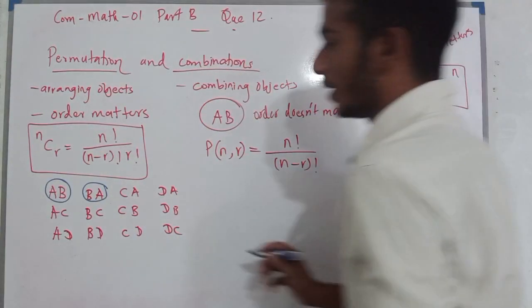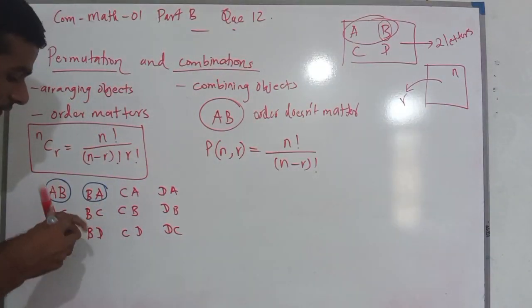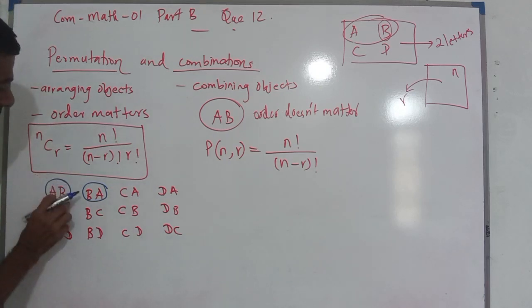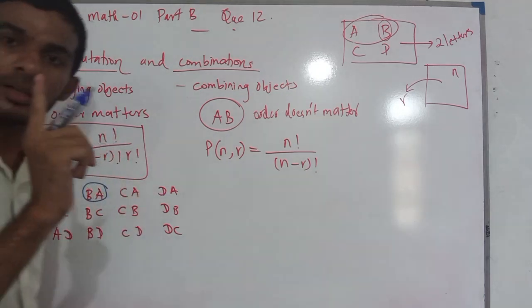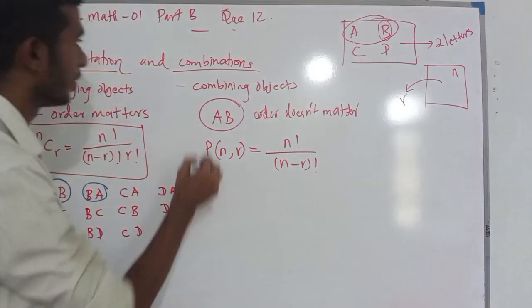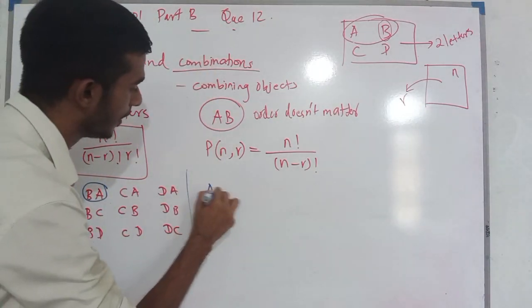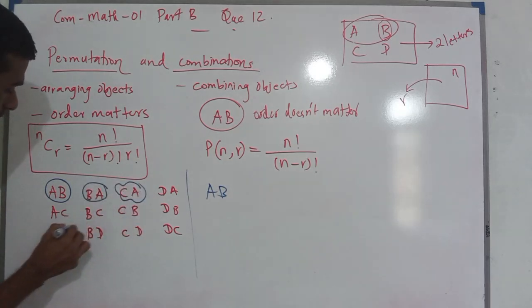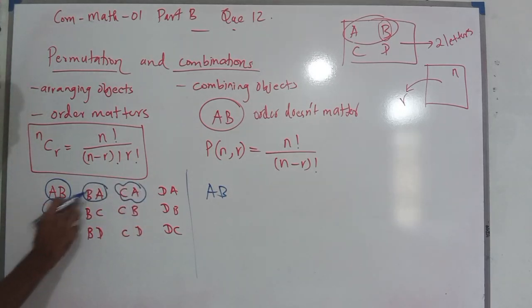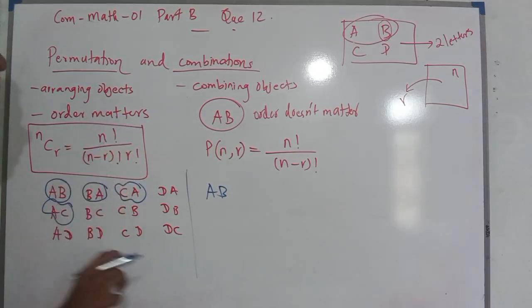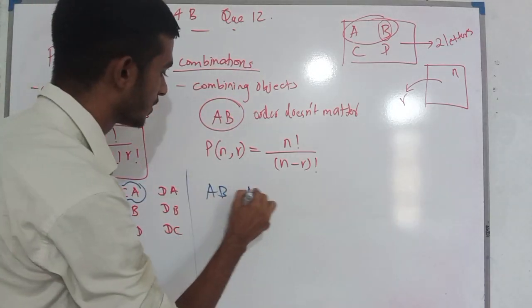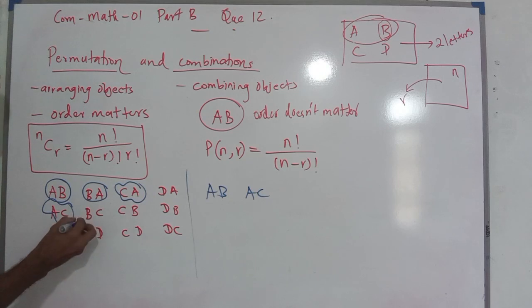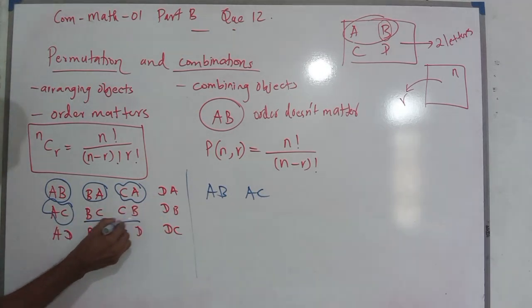But in combination, AB and BA are a single combination, so we will write AB only. Similarly, CA and AC are considered a single combination, AC. Now here BC and CB.